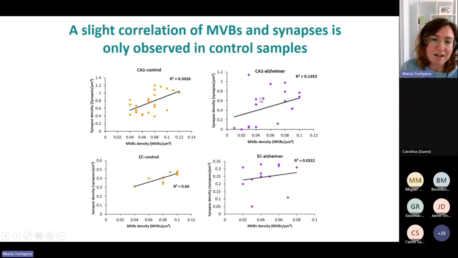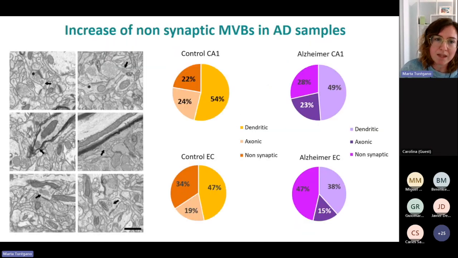And I think that we didn't find the relation between the MVBs and the synapses in Alzheimer's maybe because the MVBs are doing other functions that are not related to the synapses. So the system is changing in Alzheimer's disease.